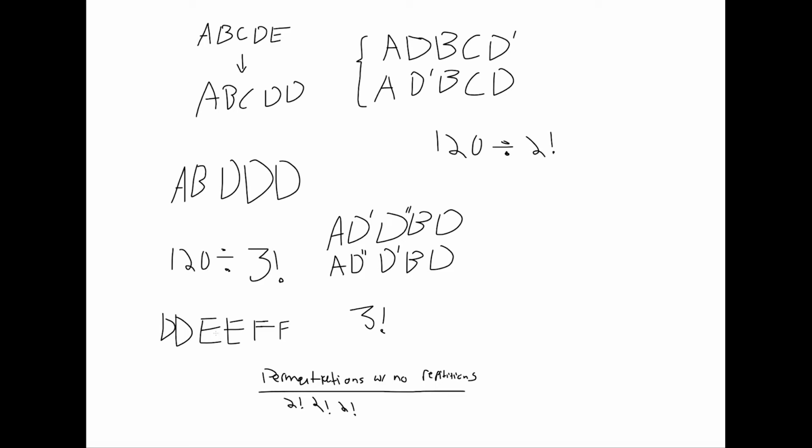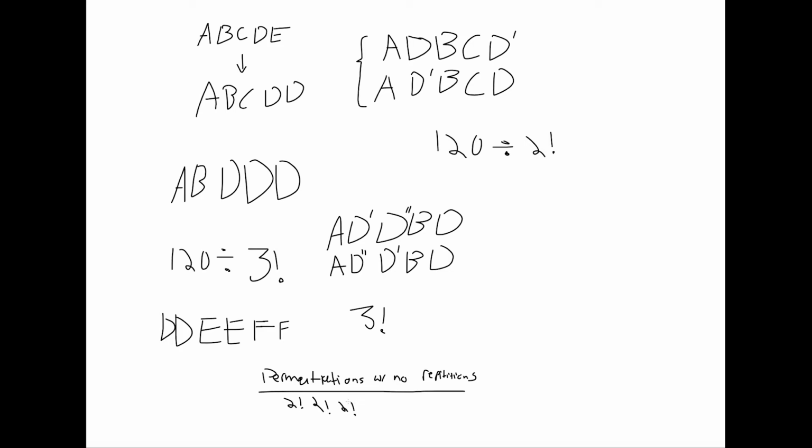So in this case, we divided by 2 factorial 3 times because there were 2 repetitions of D, E, and F. If there were, for example, 2 D's, 3 E's, and then 4 F's, what we would need to do is divide by 2 factorial, then divide by 3 factorial, then divide by 4 factorial.